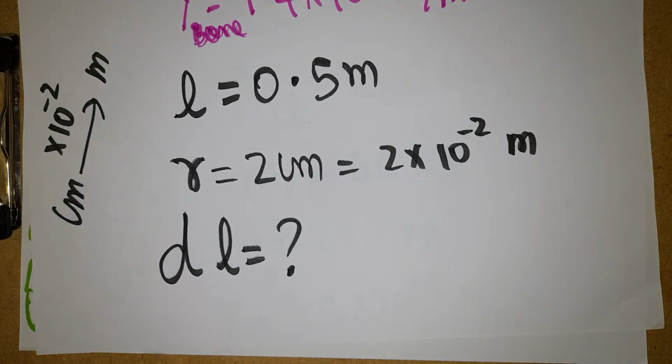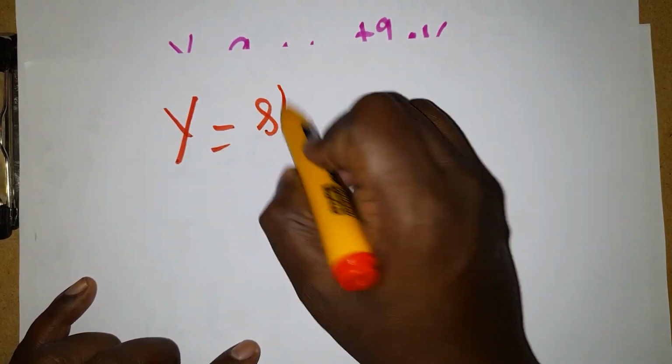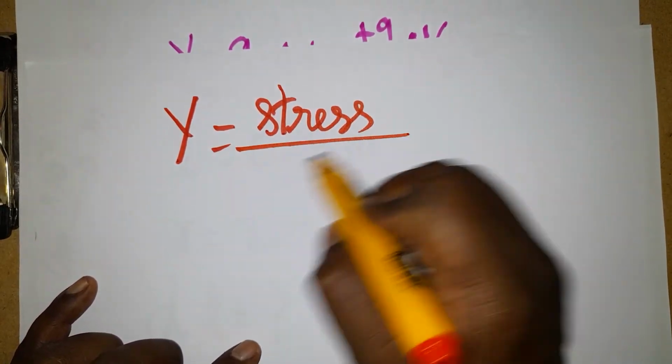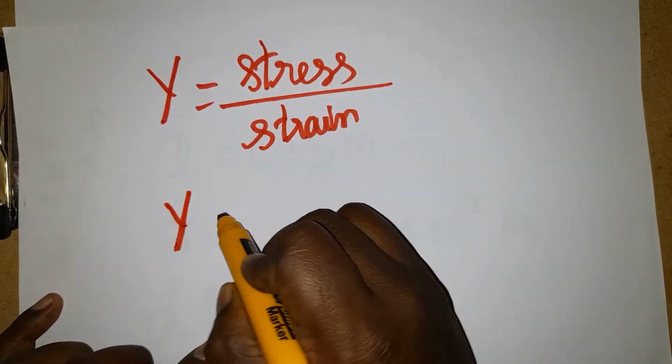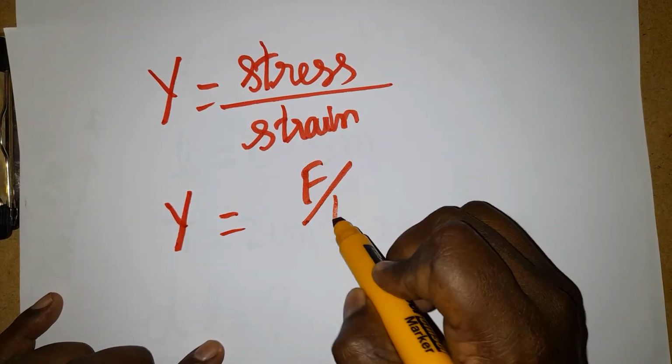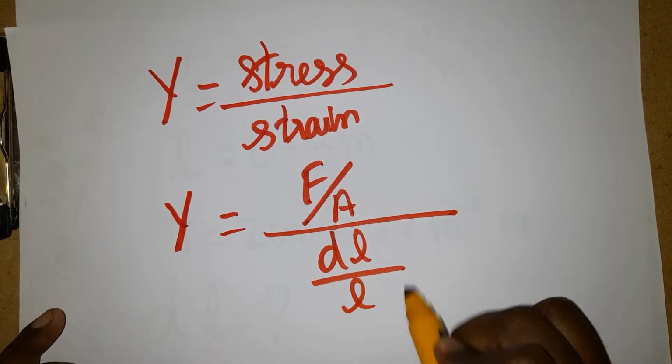First I am going to find the area. We know the formula: modulus of elasticity, Young's modulus, is stress by strain. Young's modulus we know, I will tell you how to calculate the force, area we should also calculate, and the change in length by original length of the bone.